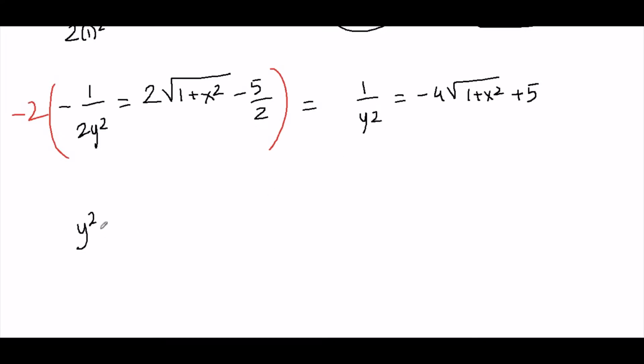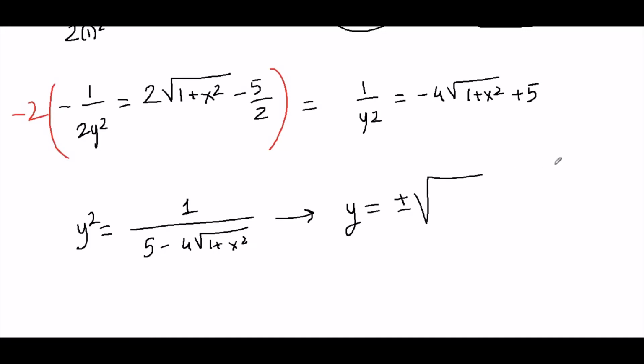So y squared will be equal to 1 over, and we can express this as 5 minus 4 times the square root of 1 plus x squared. Now we are going to take the square root on both sides. So y is equal to plus or minus the square root of 1 over 5 minus 4 times the square root of 1 plus x squared. This is our explicit solution.